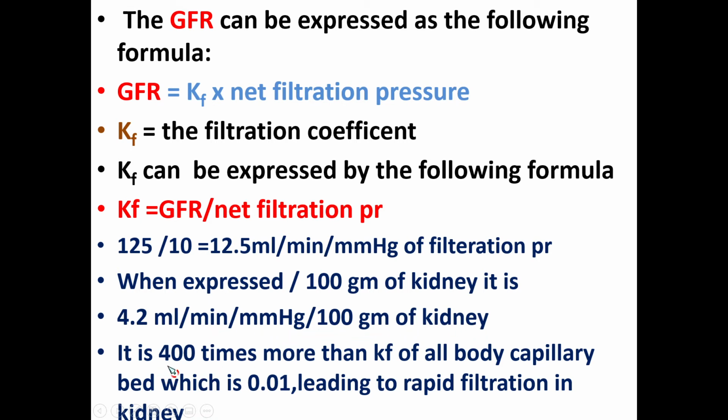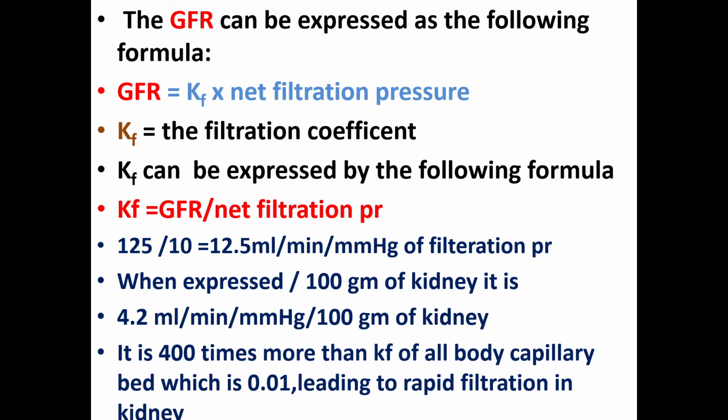It is 400 times more than the Kf of all body capillary beds, which is just 0.01, leading to rapid filtration in the kidney. That means throughout your body you have a filtration coefficient of just 0.01, while your kidney has 4.2 ml per minute per millimeter of mercury per 100 grams of kidney.